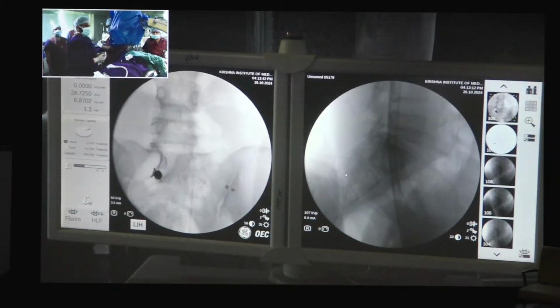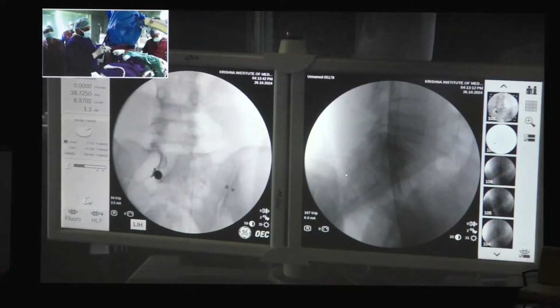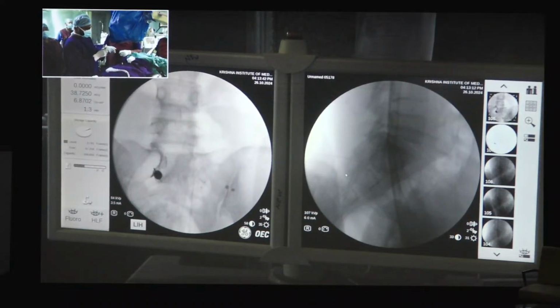So we'll be giving the medication, around 5 ml: 3 ml of local anesthetic plus 1 ml of corticosteroid.